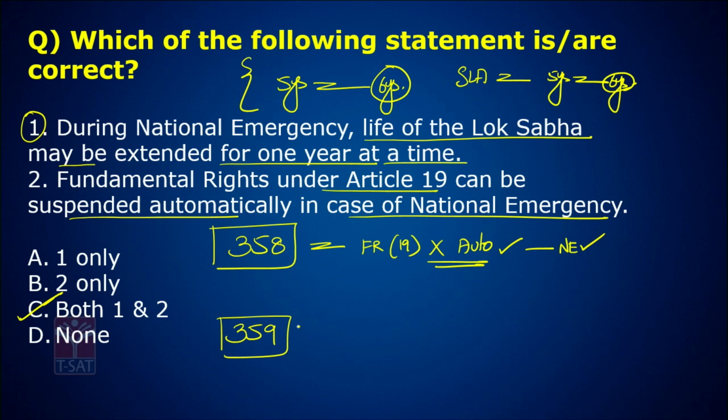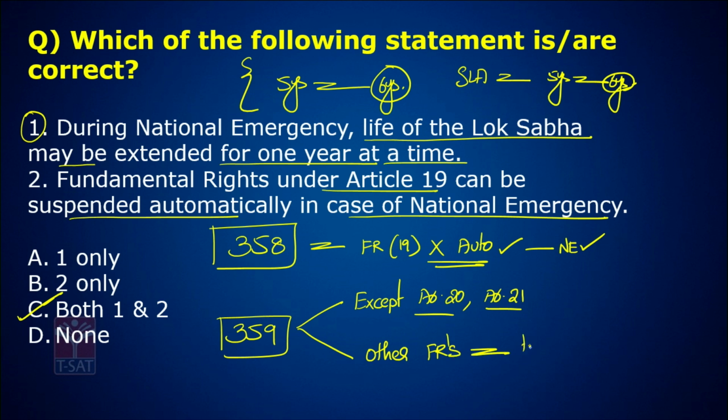Now, what about 359? Listen to me very carefully. Except Article 20 and Article 21, except these 2 articles, other fundamental rights can be suspended by a presidential order.